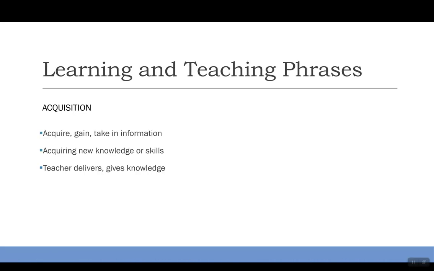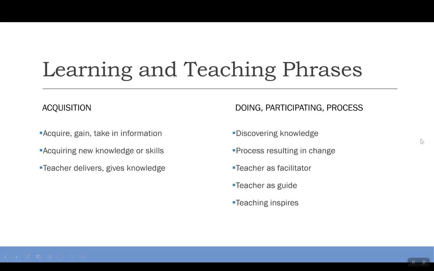Okay, so we can also think about teaching and learning phrases or metaphors by putting them into different groups. So we can think of acquisition metaphor, where we're gaining or taking in something and the teacher's going to give knowledge. Or we can talk about a participation metaphor, where we're discovering knowledge and it's a process resulting in some type of change. We're becoming something.